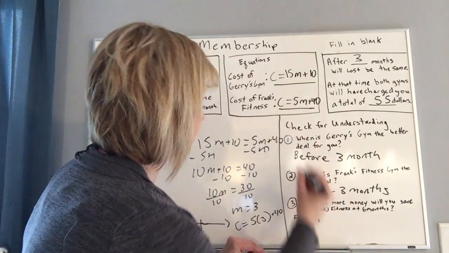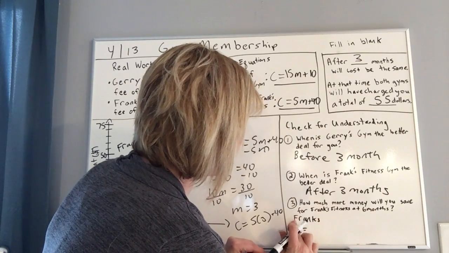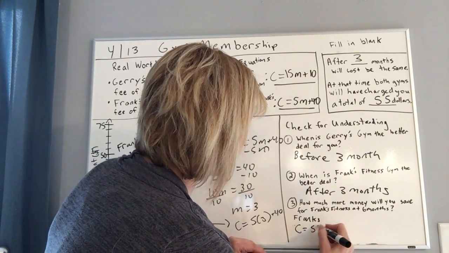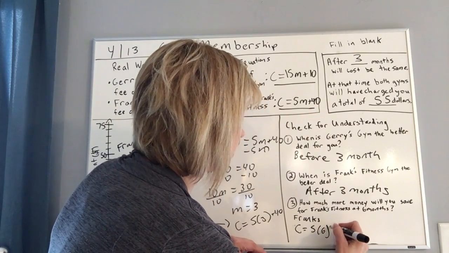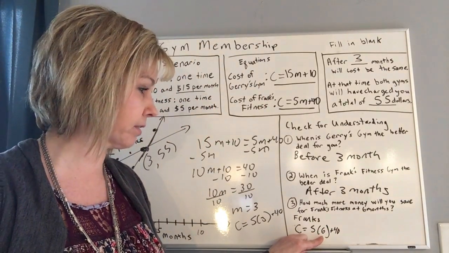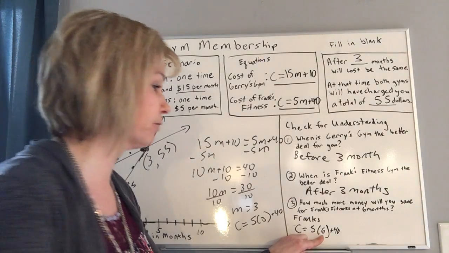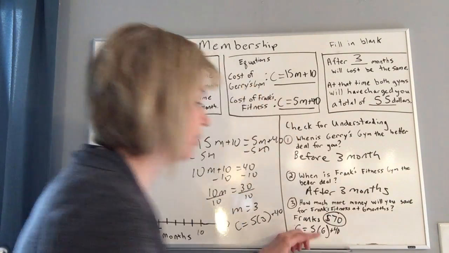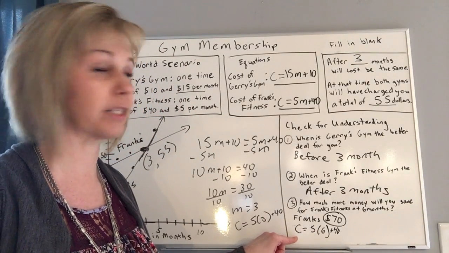At Frank's, we have $5 for each month in 6 months plus 40. So 5 times 6, 30, plus 40 should be $70. So that's how much Frank's is going to cost for 6 months.